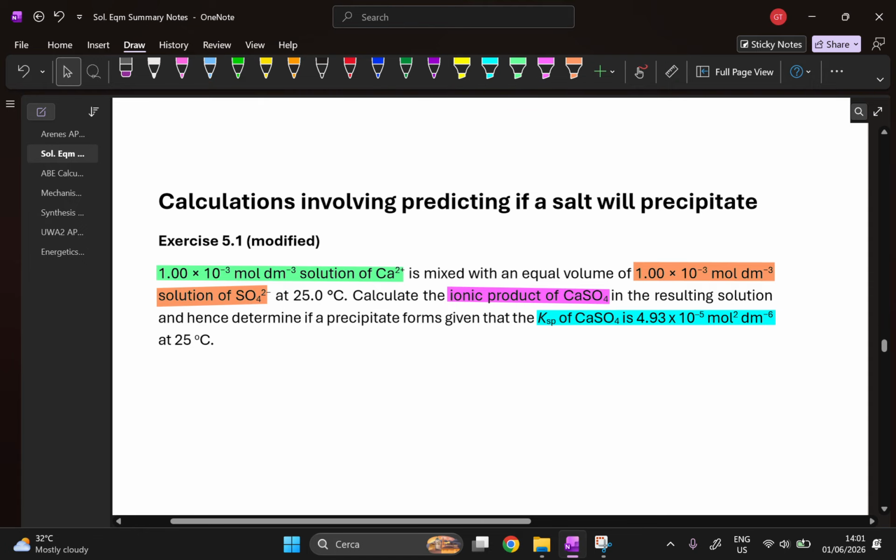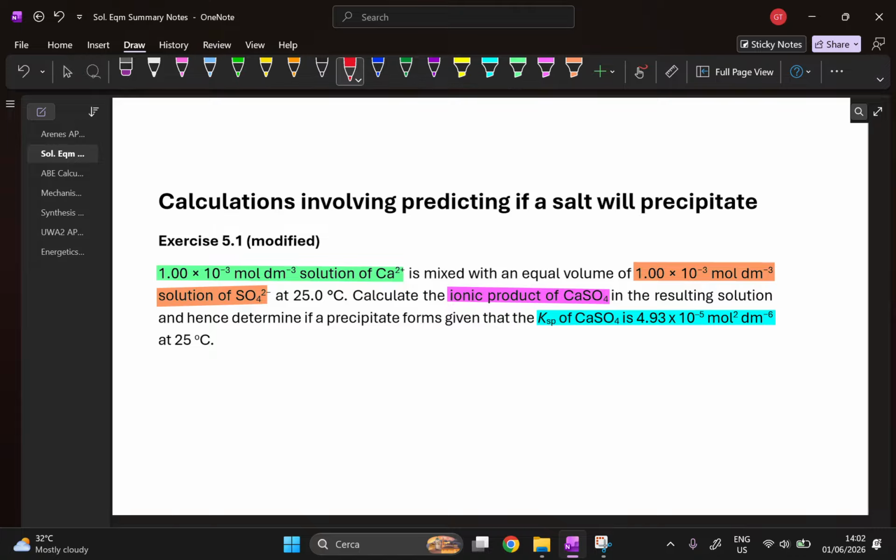How do I calculate the instantaneous concentrations of all of my ions? So, first things first, okay? I want you to read this question very, very carefully. And then I want you to pause the video and think for yourself, what do you think is going to be the instantaneous concentration of Ca2+ based on this information?